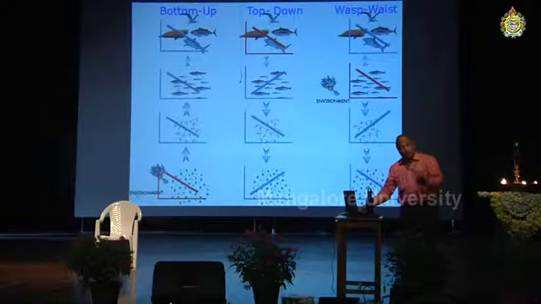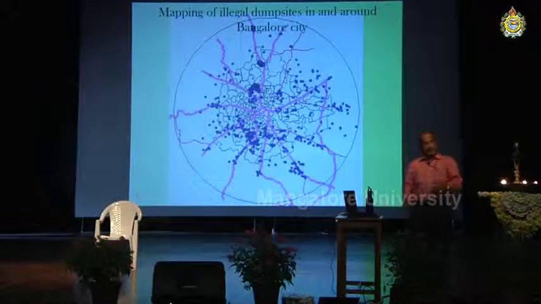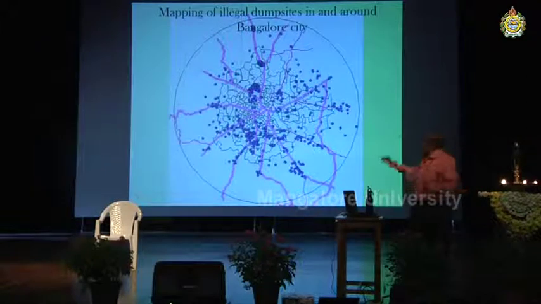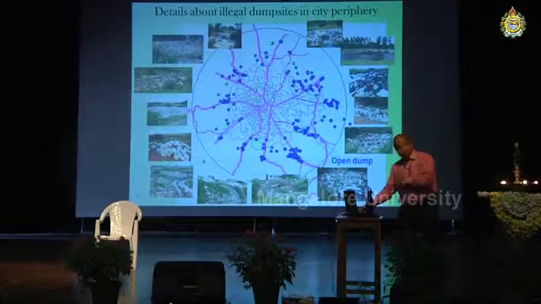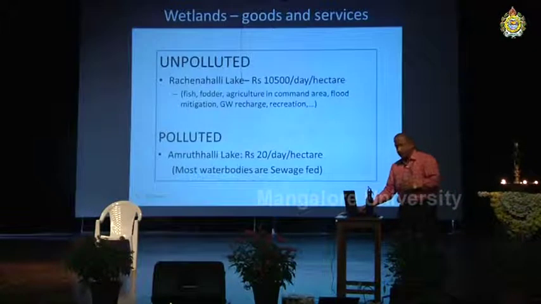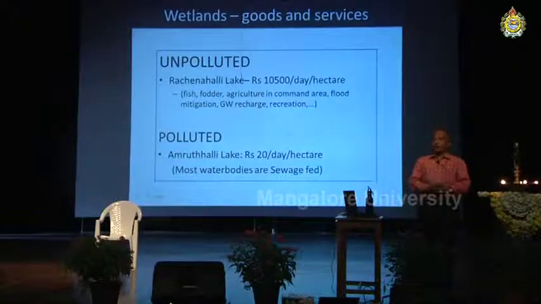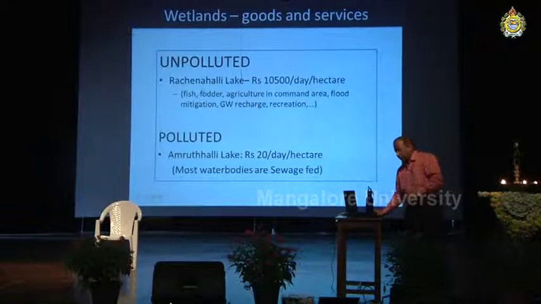Now how much do you lose? When we did the quantification, we looked at the causal factors. These are all the locations where people dump sewage and solid waste. We quantified the solid waste they have dumped, and when the lake is polluted, the returns from fish etc. come down to 20 rupees per day per hectare.